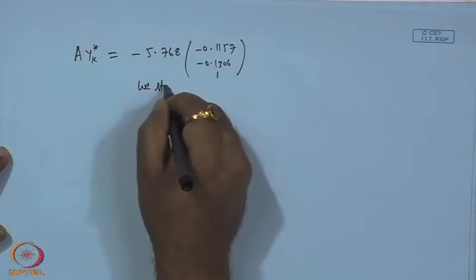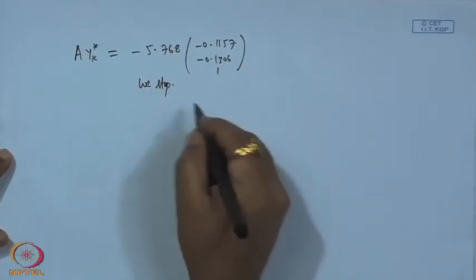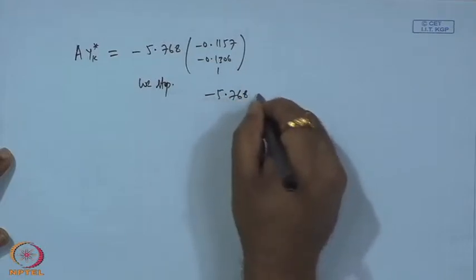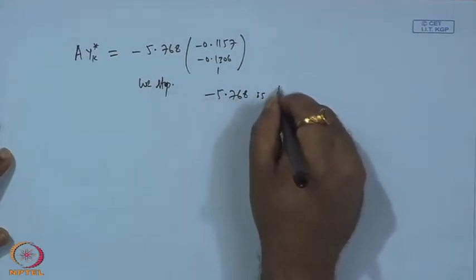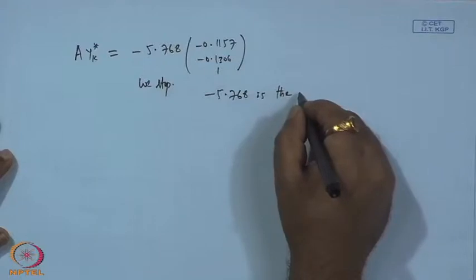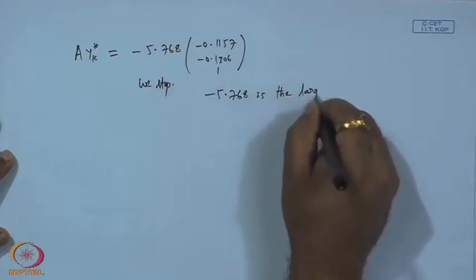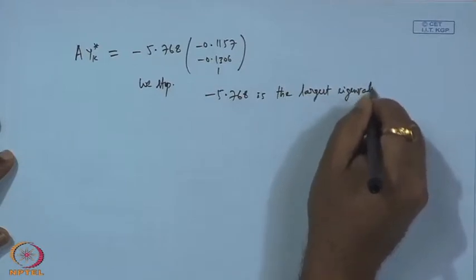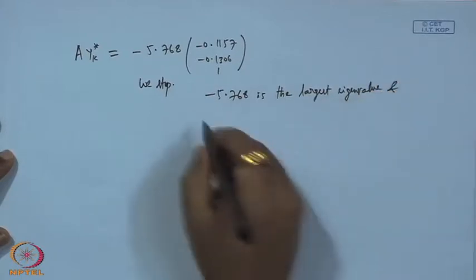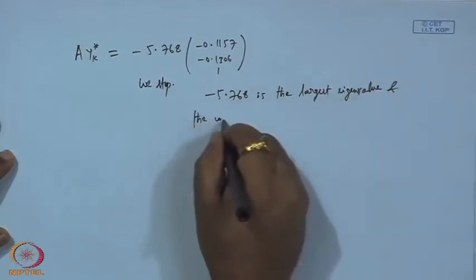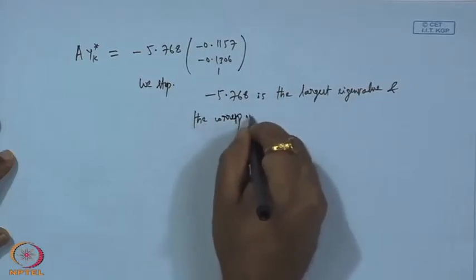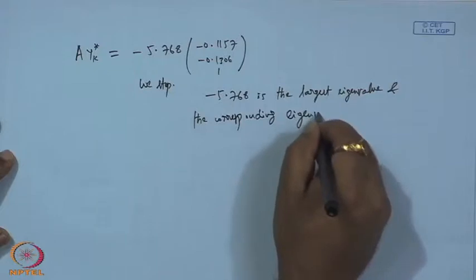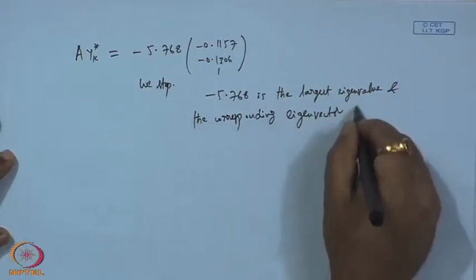So, that means we declare that this is the largest eigenvalue, and the corresponding eigenvector is this.